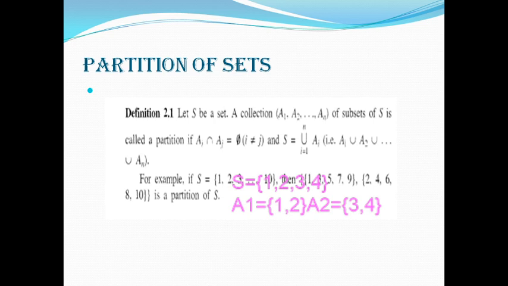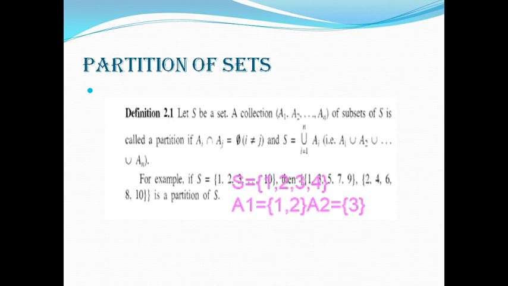For example, in A1 I can take 1, 3 or 1, 4, but what I am saying is that if I take 1, 2 here and 3 here, and I am not taking 4, then this is not a partition because in some baby set the elements of S must be coming. That is, every element of S must be present in some one baby set.